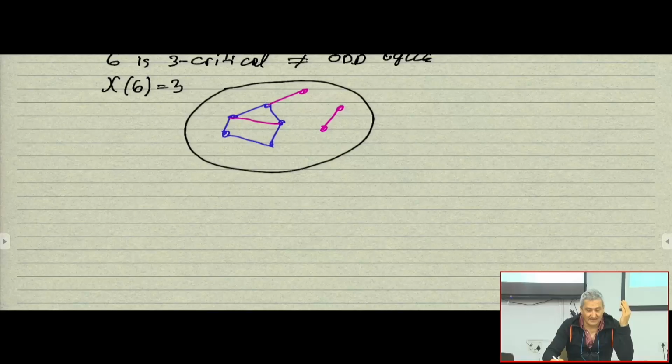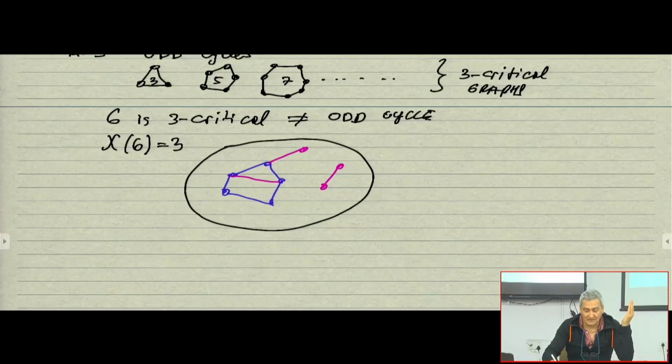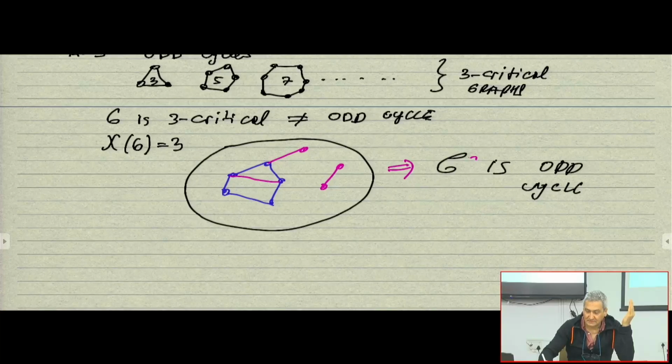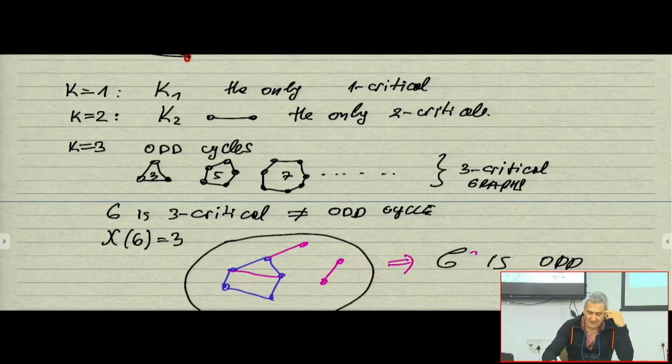This implies that G is an odd cycle. So these are all the 3-critical graphs.